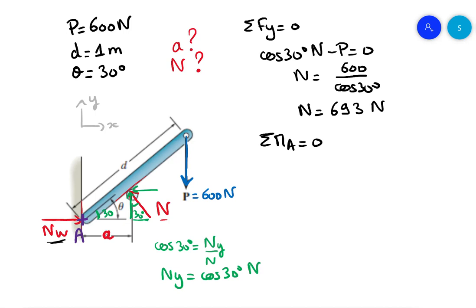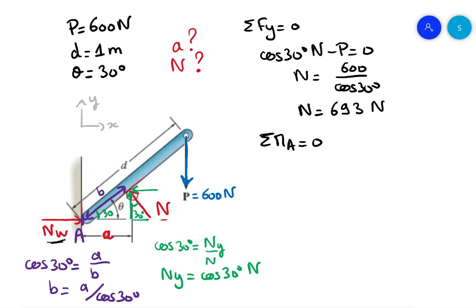Okay, so what do we have? For N, we need this distance, right? The perpendicular distance. Let's call this distance B. So if we look at this little triangle, we have cosine 30 equal to the adjacent side, which is A, divided by B. So we have B equal to A divided by cosine 30.